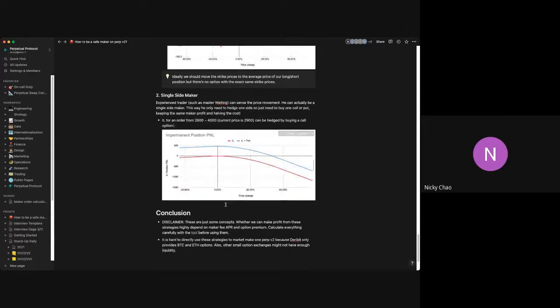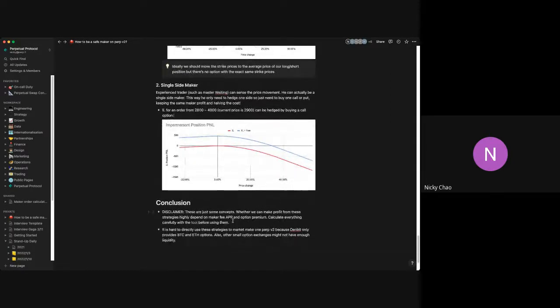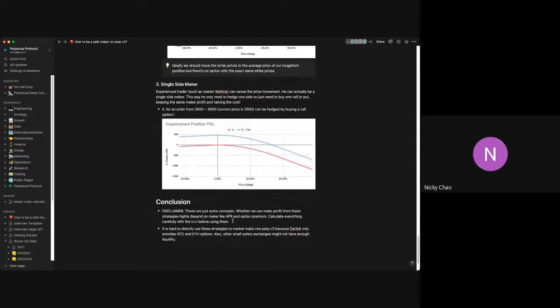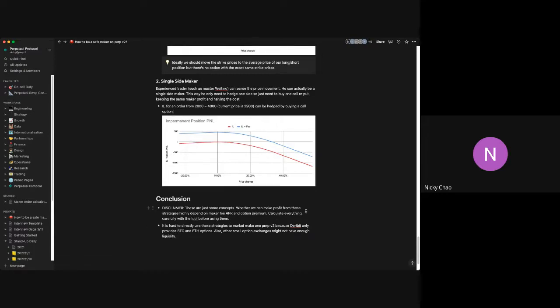Okay, so I'll go to the conclusion. The disclaimer here is that these are just some concepts, and if you want to actually make profit from this, it highly depends on maker fee and option premium. So you need to calculate everything carefully, maybe with the tool I made here, which is enhanced from the IL calculator from Henry.